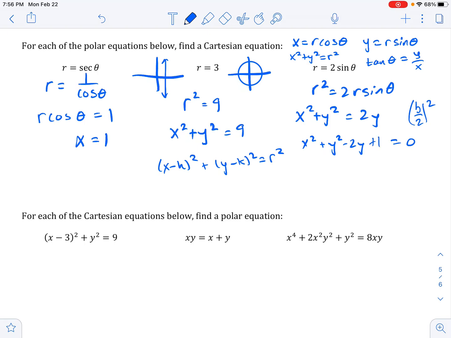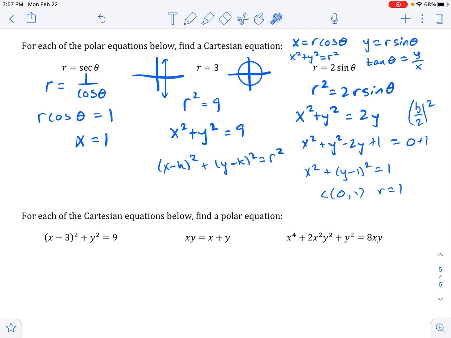So I'm going to add 1 to this side, I'm going to add 1 to this side to balance my equation. And what that did is that made this right here a perfect square trinomial. And of course, it's going to be x squared plus y minus 1 squared equals 1. And of course, we know that this is a circle with center point 0, 1, and radius of 1.